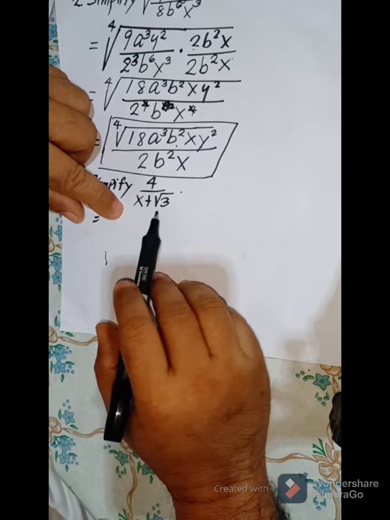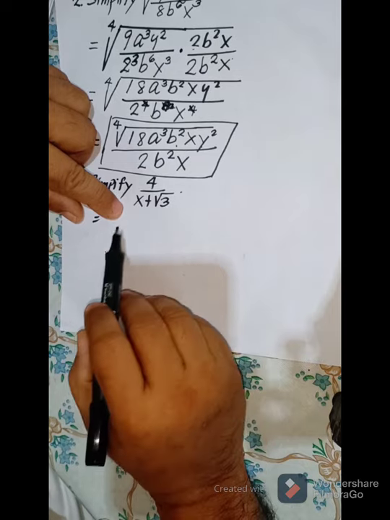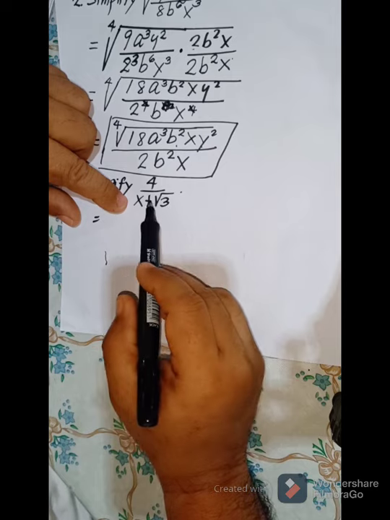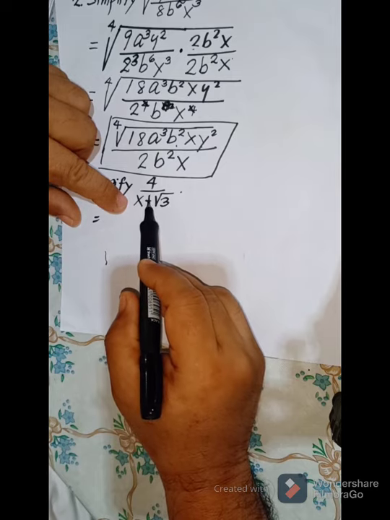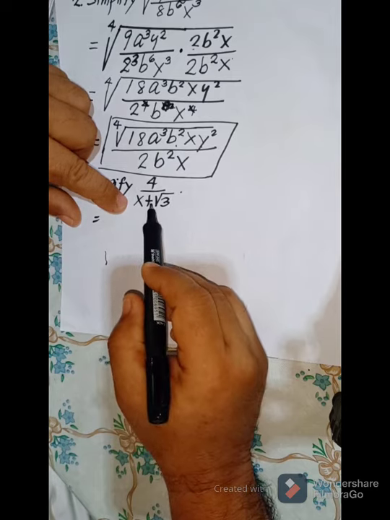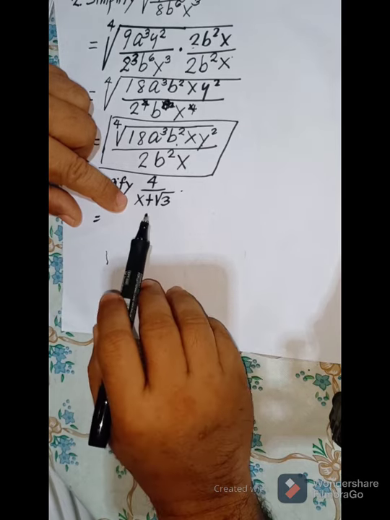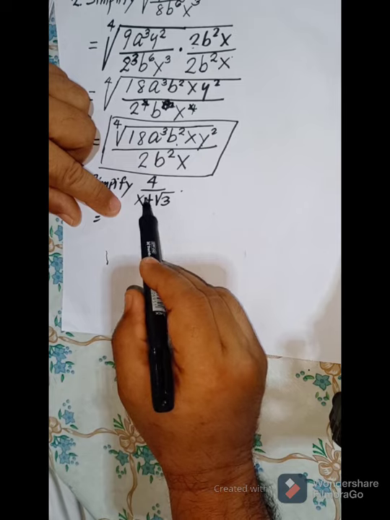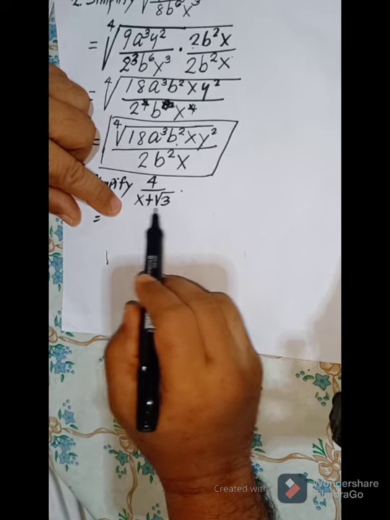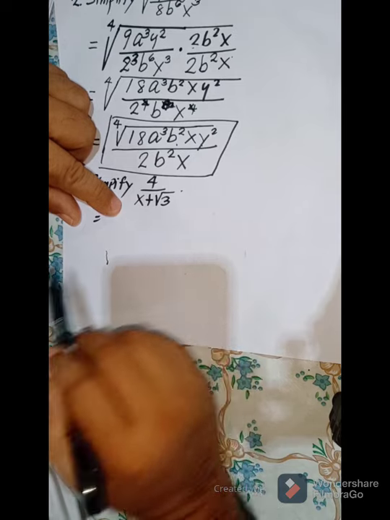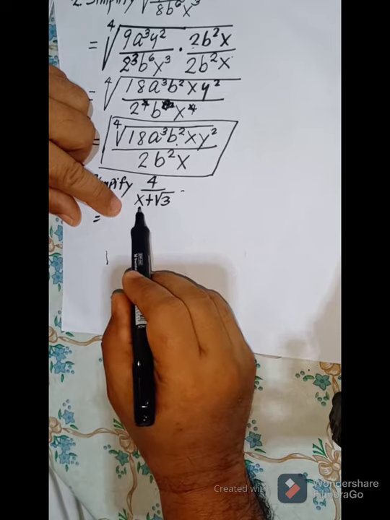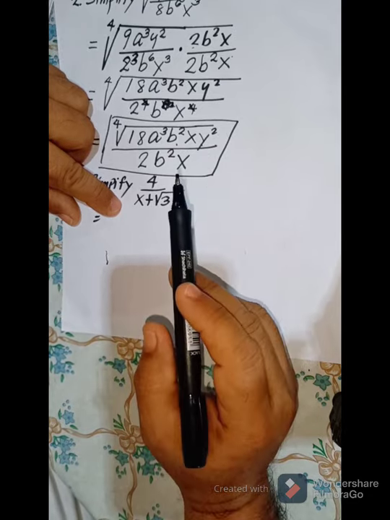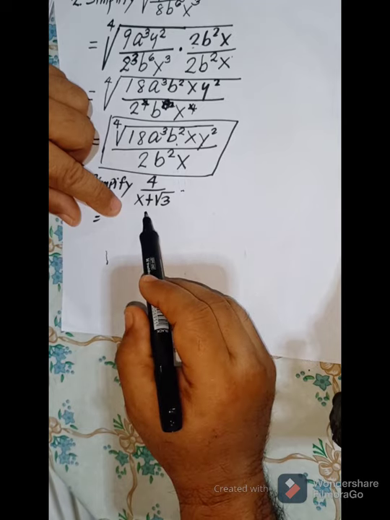The radical here is square root of 3. These two terms, x and square root of 3, are connected by a plus sign. Now, if we change this plus sign to minus sign, this becomes x minus square root of 3. x minus square root of 3 is now called the conjugate of the denominator.